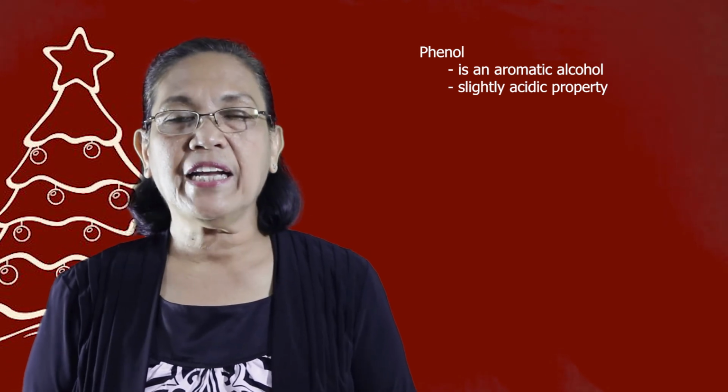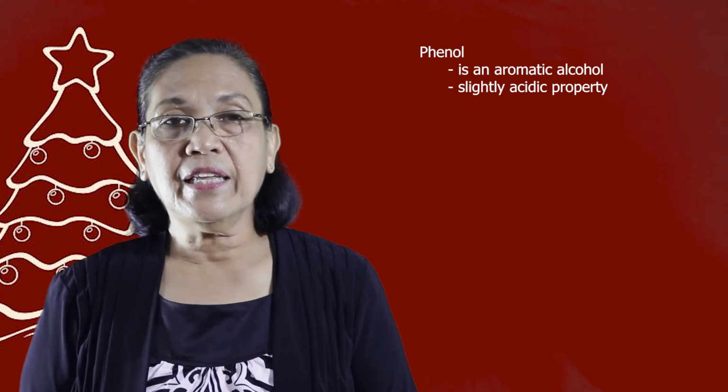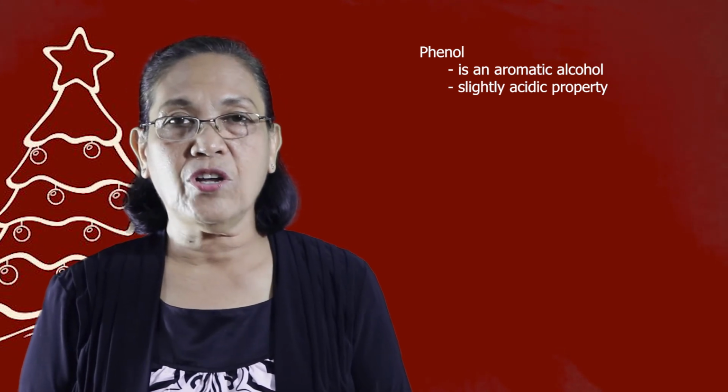And this aromatic alcohol, like the phenol, this phenol is slightly soluble in water. Now, there are those alcohols which contains two hydroxyl groups, and these alcohols are called diol.